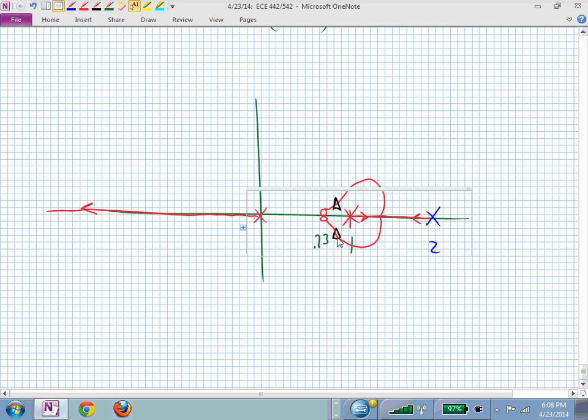What we hope, or what we need to check, is whether or not, what do we need to check? We need to check where's the other triangle, right? Because we have 3 branches, we have 3 closed loop poles. We've figured out where 2 of them are by the choice of the gain k. We haven't yet verified where the 3rd triangle is.